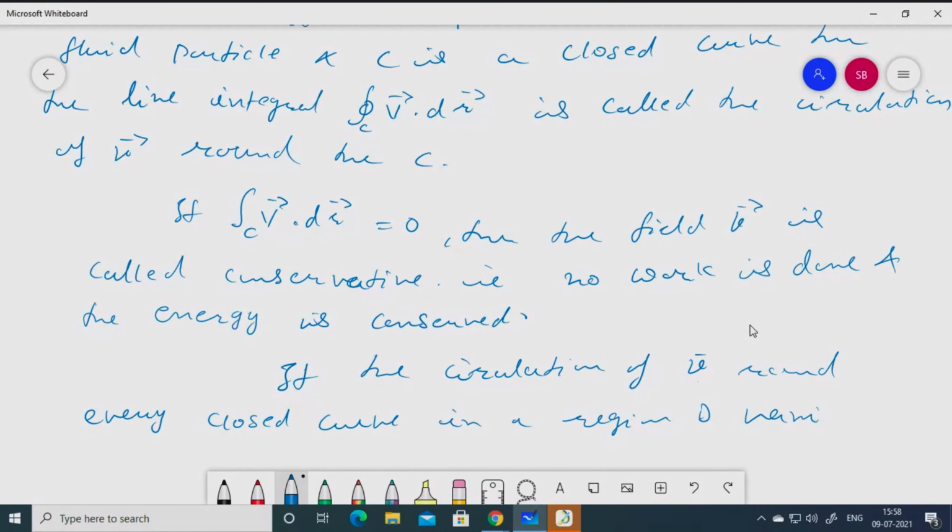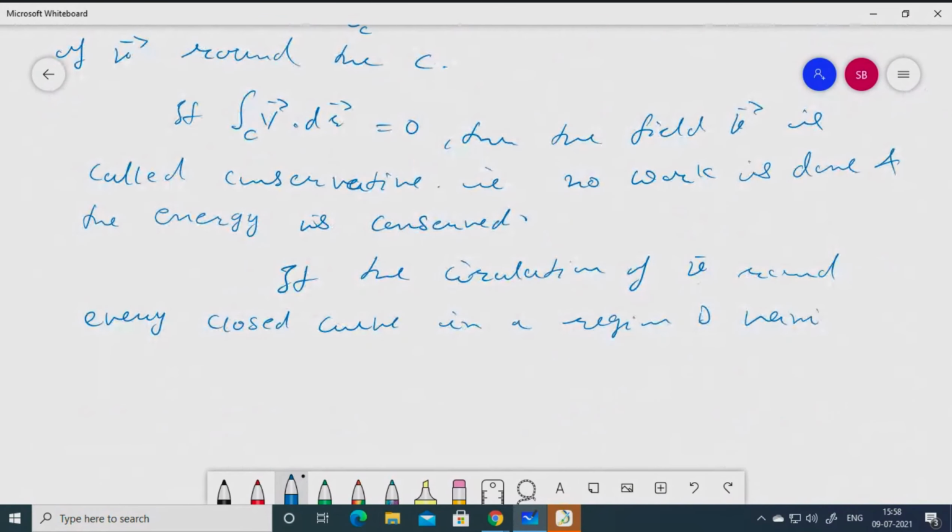Circulation of v bar means what? This integral of v bar dot dr bar. If it vanishes, that means there is no circulation happening. No circulation means it is not at all rotating. So irrotational.